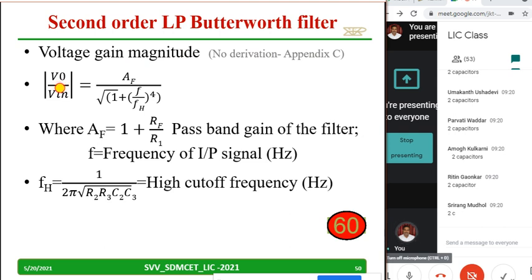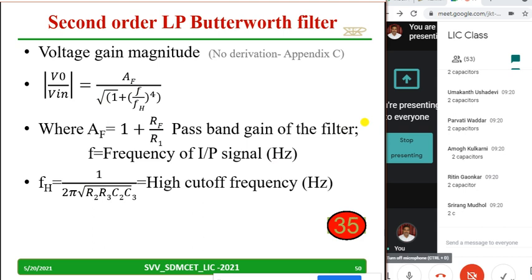Copy down this: V0 by Vin equal to AF by square root of 1 plus (F by FH) raised to 4. AF is given by 1 plus RF by R1. It's the passband gain. F equal to frequency of input signal. So just copy down this. A derivation is there for a first order low pass filter, and first order high pass filter also. But for second order, you are supposed to remember the V0 by Vin, and design will remain the same.